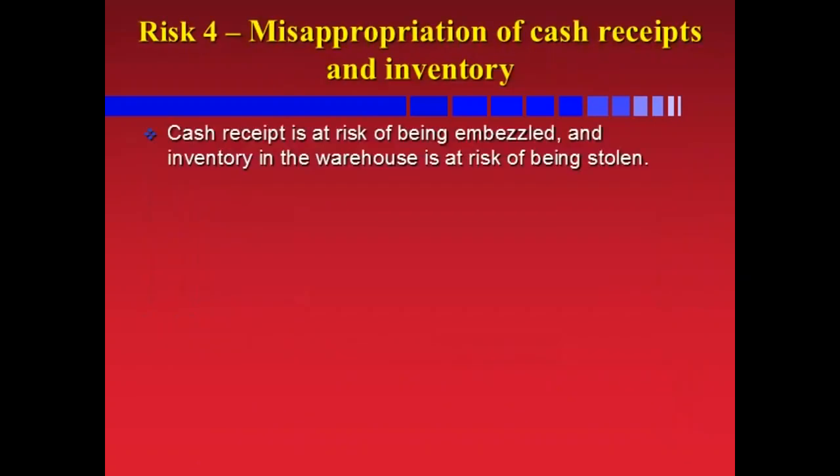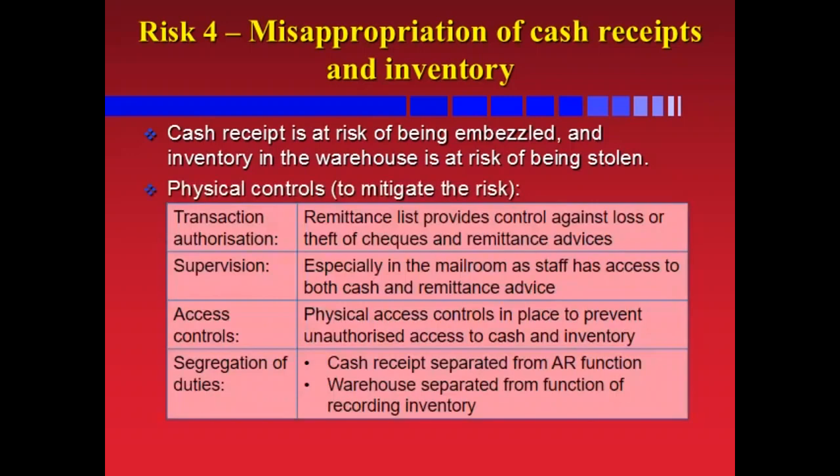Cash and inventory are the physical assets at risk in the revenue cycle. In the absence of proper controls, cash receipts are at risk of being embezzled, and inventory in the warehouse is at risk of being stolen. Physical controls to mitigate the risks include proper transaction authorization, supervision, access controls, and segregation of duties.